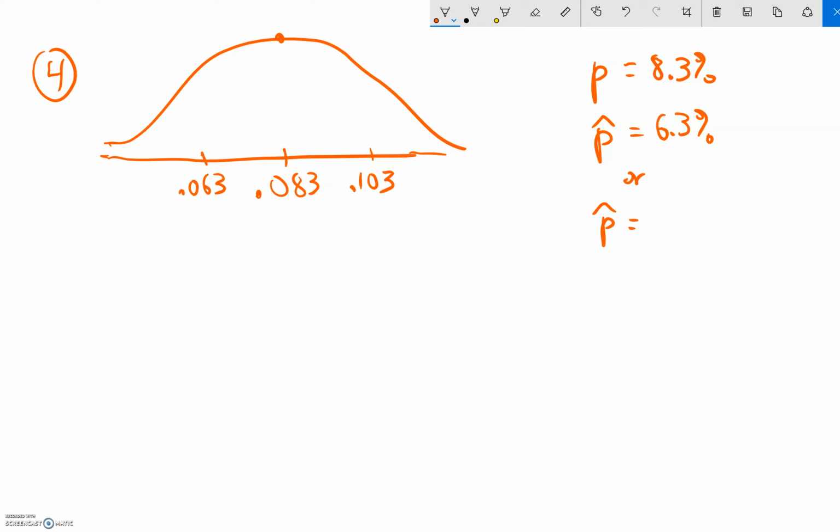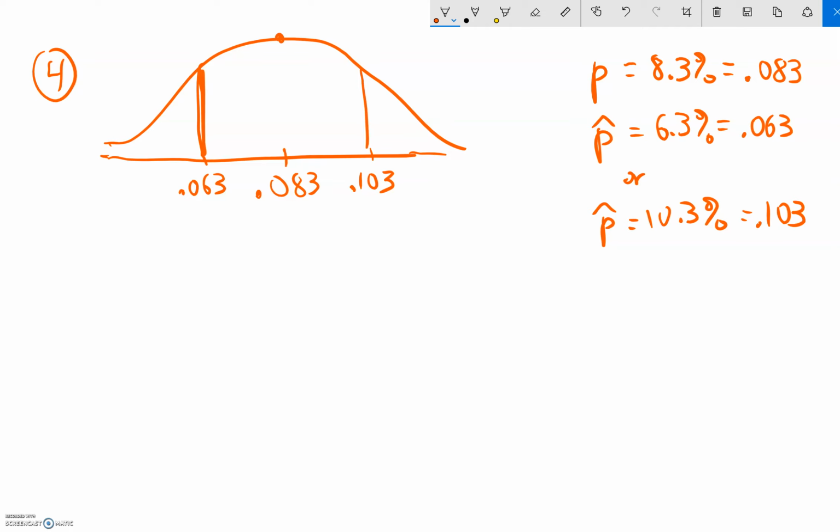If I add 2% to the 8.3%, I get 10.3%. And if you change all these to decimals by moving the decimal 2 places to the left, we get 0.083. This is 0.063, and this is 0.103.